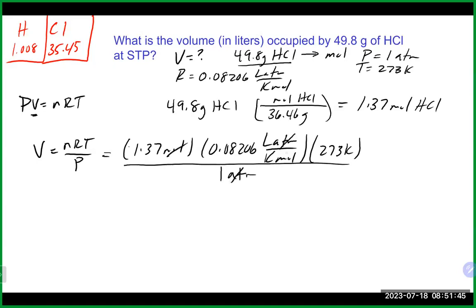Atmospheres will cancel, moles will cancel, Kelvin will cancel, leaving us units of liters when it's all said and done. Punching those numbers in, 1.37 times 0.08206 times 273, gives us about 30.7 liters in that particular case.